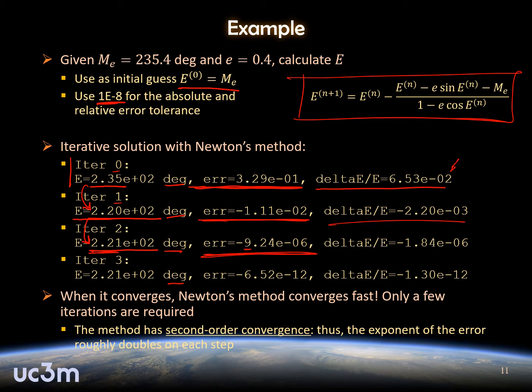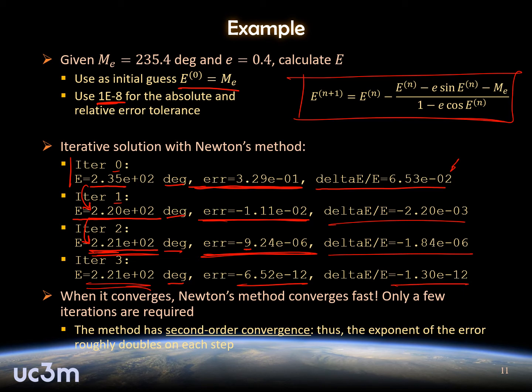But in any case, this is a big improvement over the error that we had before, and the same happens over here. And in just one additional iteration, we achieve our desired tolerance. You see that the value of the angle doesn't seem to change over here because we are just keeping 3 significant figures, but in any case, the error is clearly much smaller.